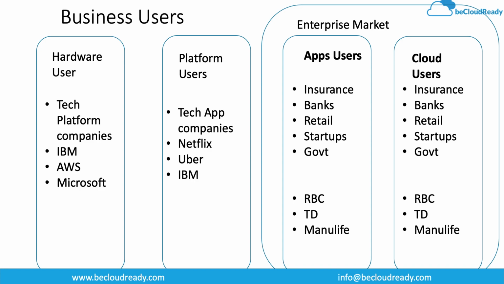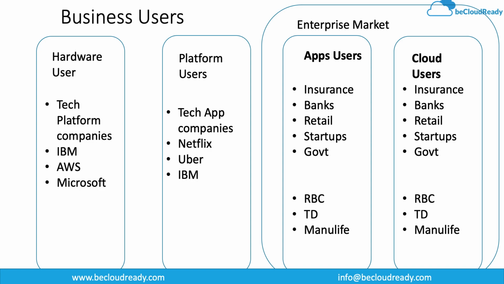When I'm talking about the enterprise market, like a bank or insurance company, they use these applications to build another application. For example, a bank might use a database from Oracle and an app platform from Google, such as Android, and build a banking application which will be used by their end customers.